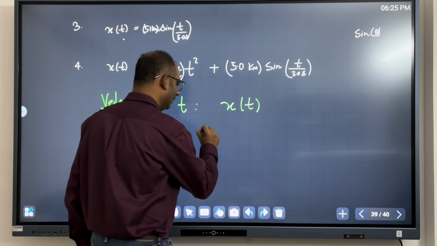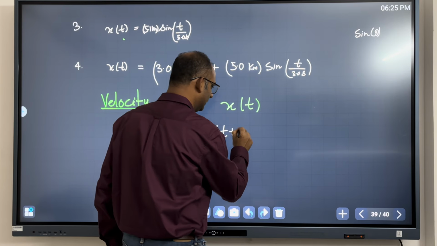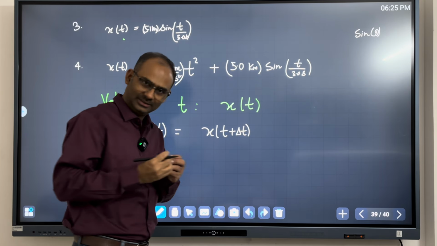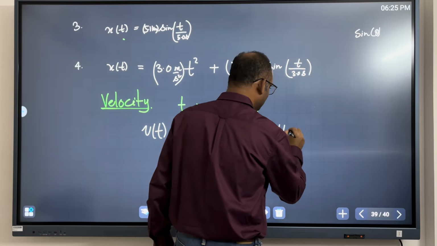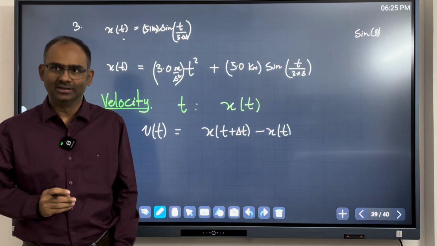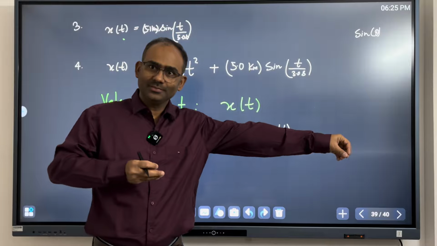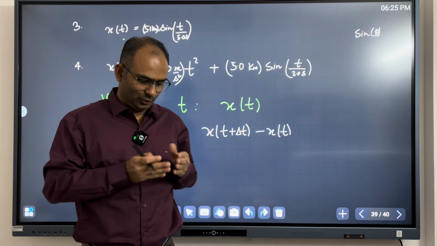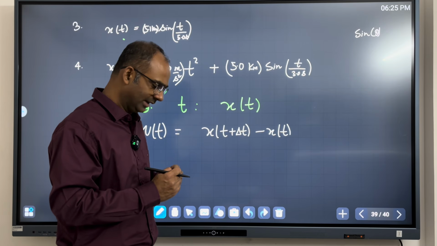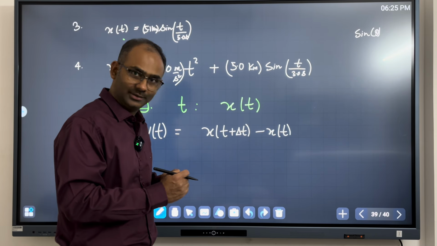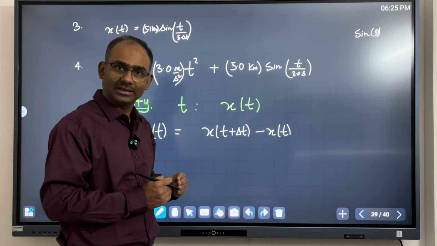It is where it is located at time t plus delta t, where delta t is small, minus position at time t. So as it is moving in time, you want to know the velocity now, so you ask where it is located after time delta t, or before a time delta t is also fine.